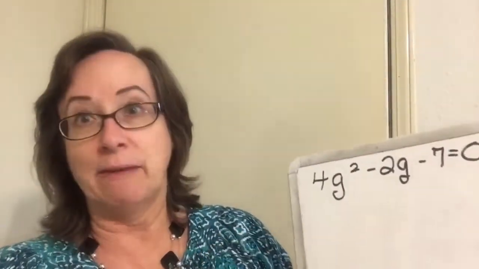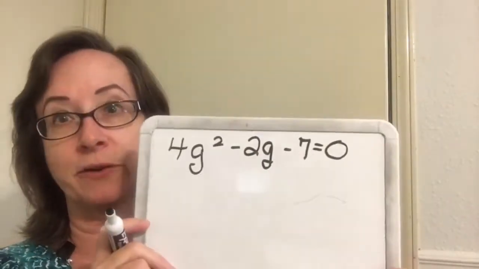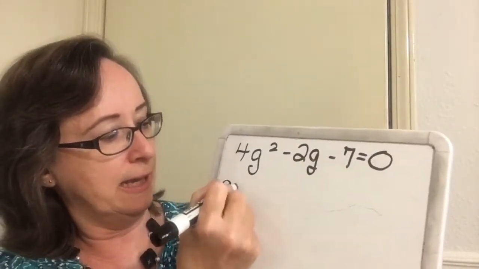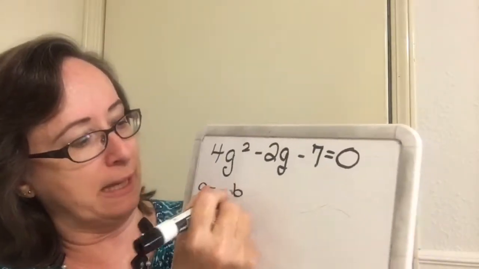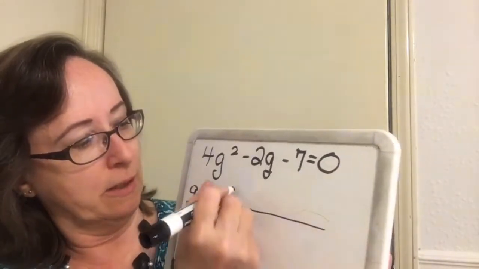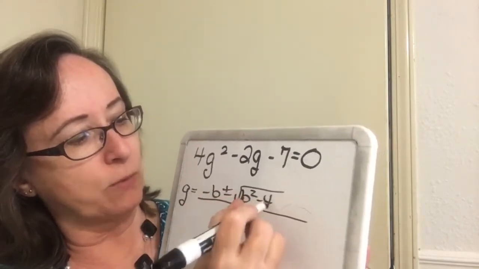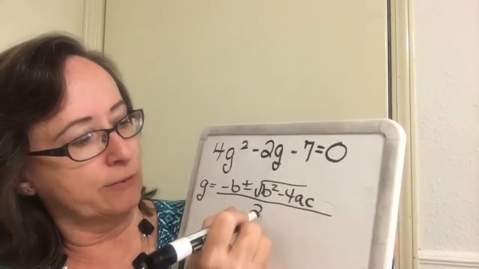Okay, so now we're going to use that formula. So remember that that was x, but it's going to work for any of our variables. So g is equal to negative b plus or minus the square root of b squared minus 4ac all over twice a.